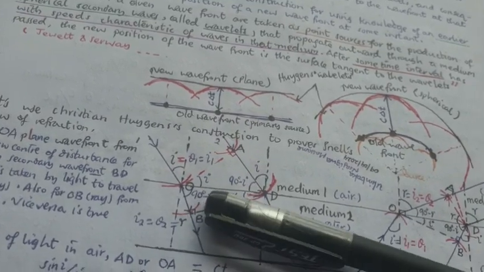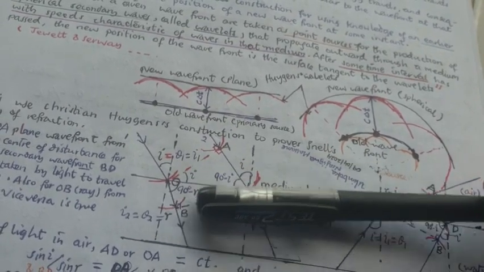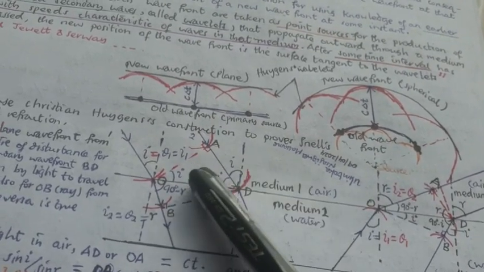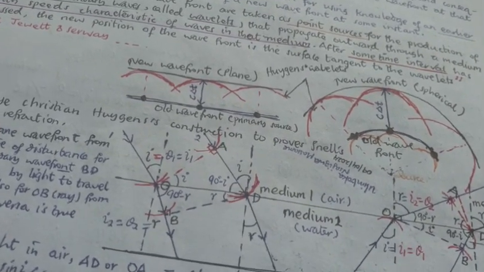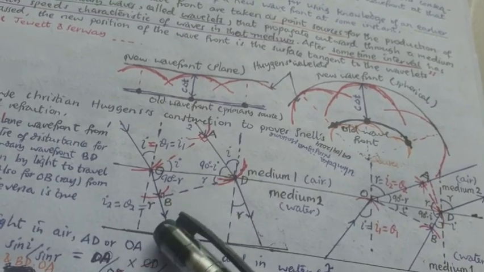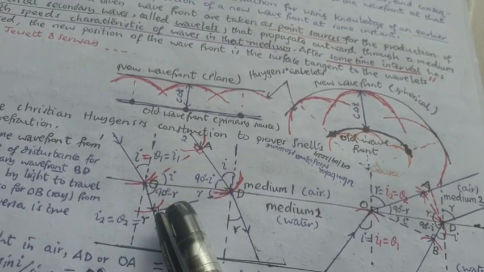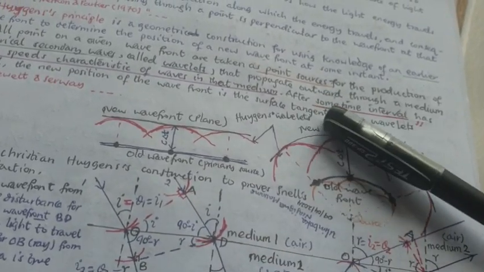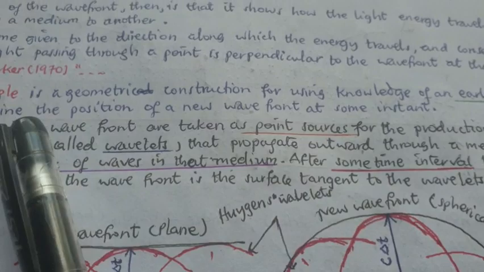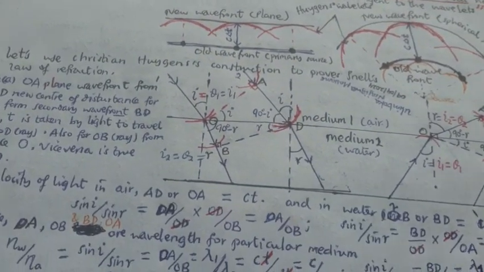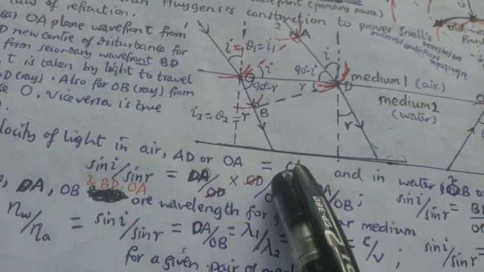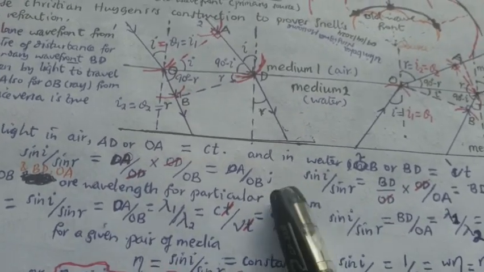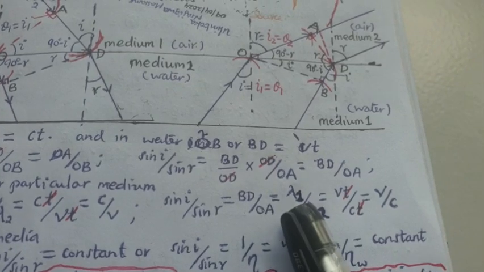Rays OB and AD, which are perpendicular to the tangent of the spherical wavelets, reach this new plane wavefront at the same time interval, as postulated by Christiaan Huygens. That's why this time t and this time t cancel out, remaining with ct for this case, and also for this case BD.